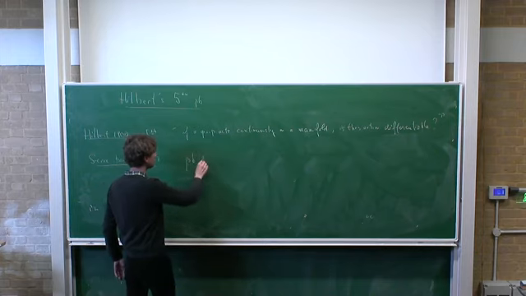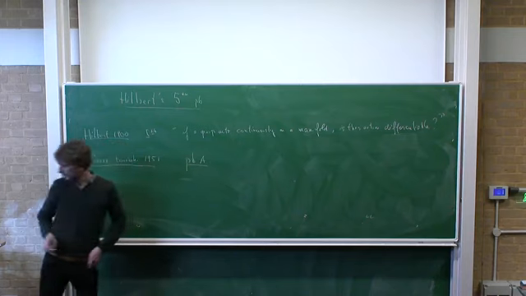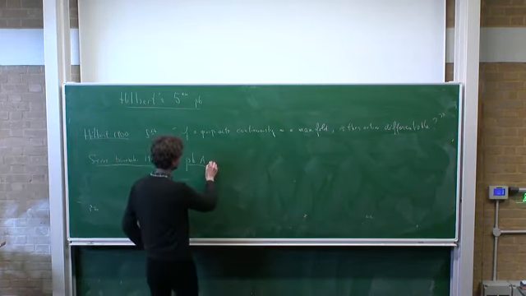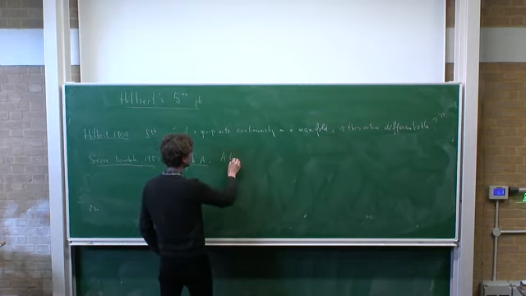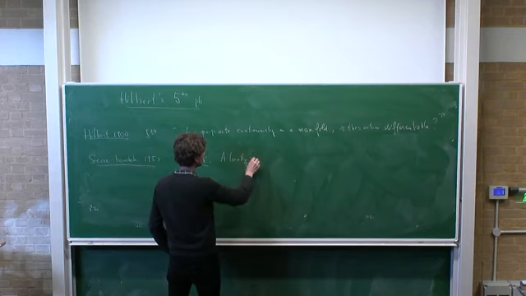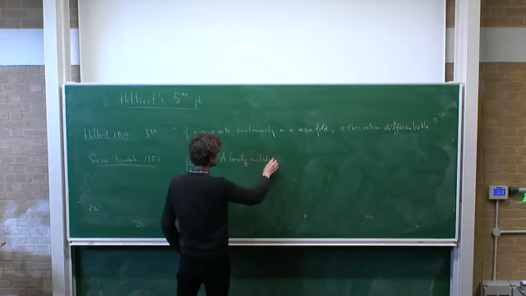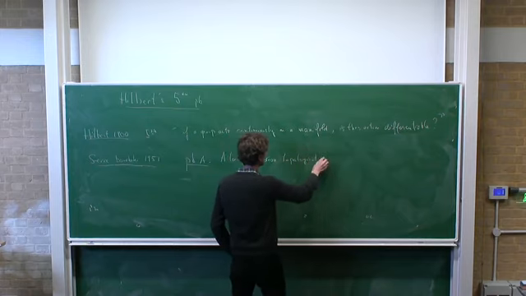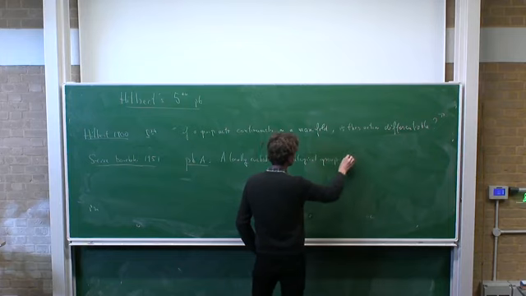And in this Bourbaki report, he identifies two problems. So this problem A, which is sometimes called Hilbert's fifth problem: a locally Euclidean topological group is a Lie group.